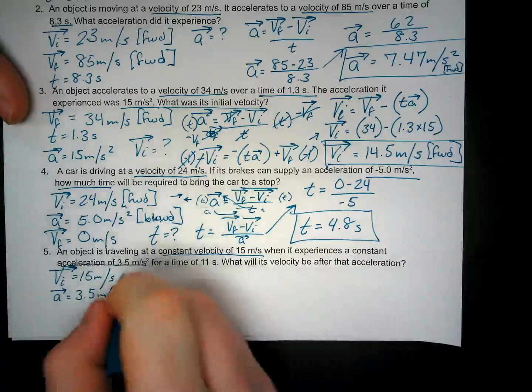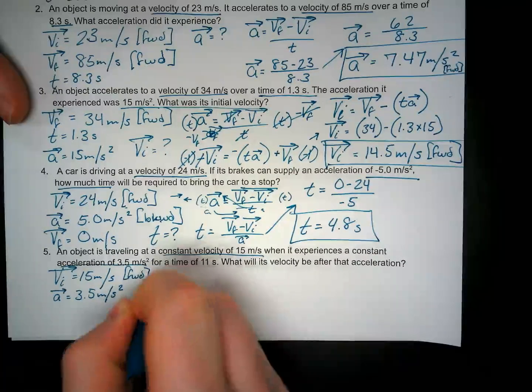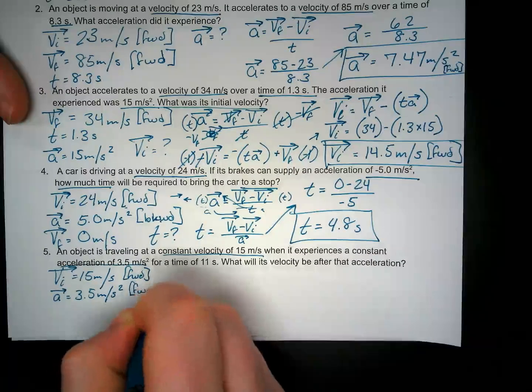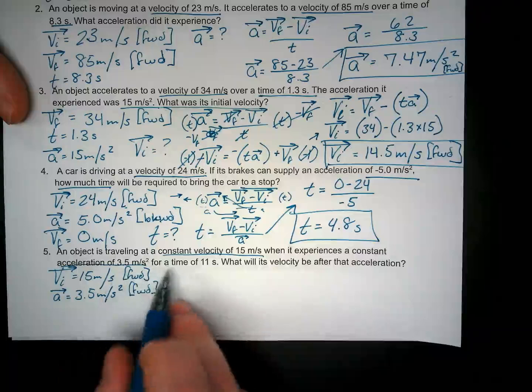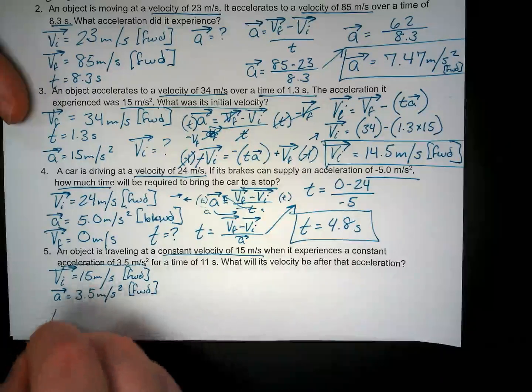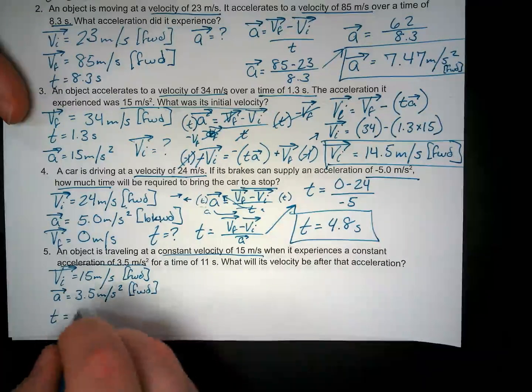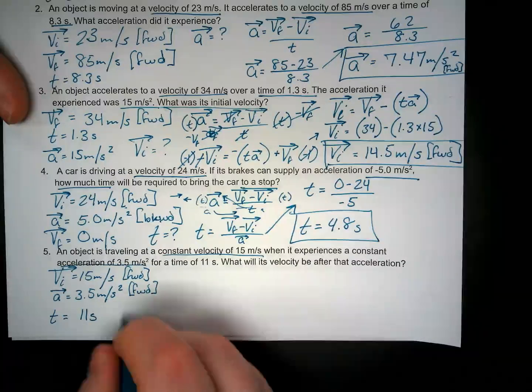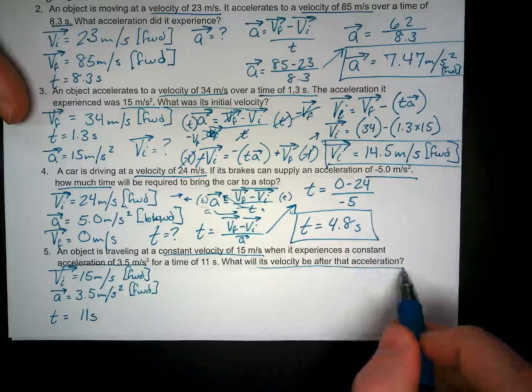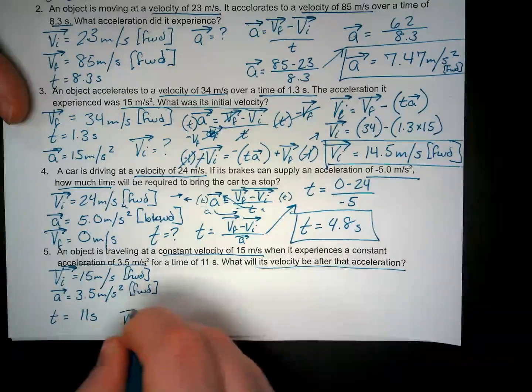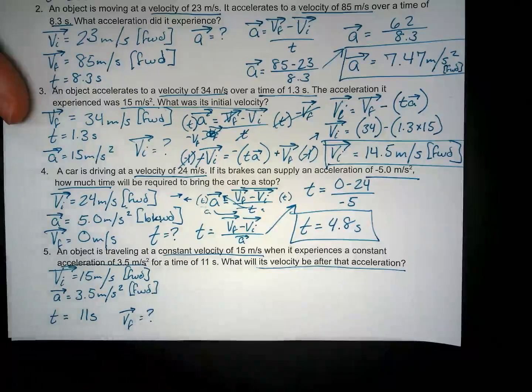And this is all forward. It accelerates at 3.5 meters per second squared for 11 seconds, and we're asked, what is its velocity after acceleration? So what's its final velocity? We don't know.